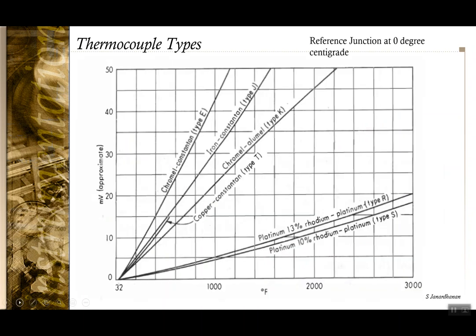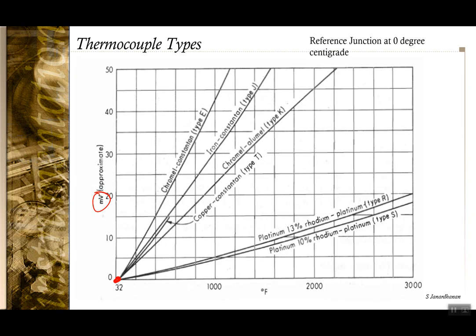Okay, now let's look at a few thermocouples to see what we are dealing with. So this is a set of characteristics of thermocouples denoting the induced EMF in millivolts, assuming that the reference junction is at 0 degree centigrade or 32 degree Fahrenheit.